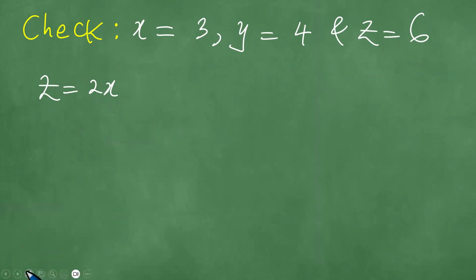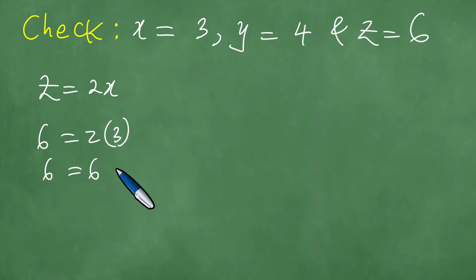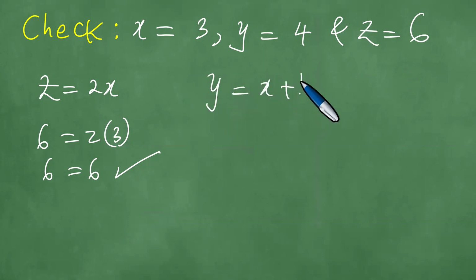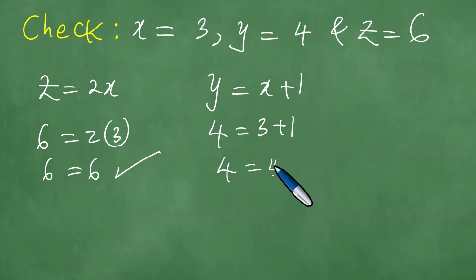Our z is 6, twice our x is twice 3, and we have that 6 indeed equals 6, and that confirms that our solutions satisfy one of the equations. We also have the algebraic equation y equals x plus 1, but y is 4. Our x is 3, plus 1, and this is 4 equals 4, and therefore this is the result as well.